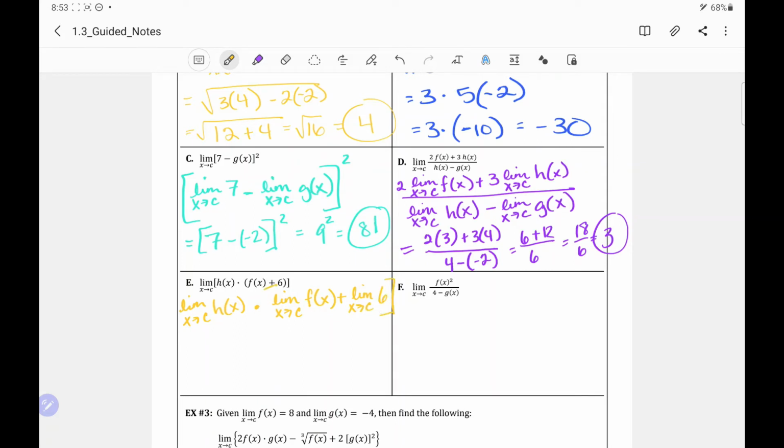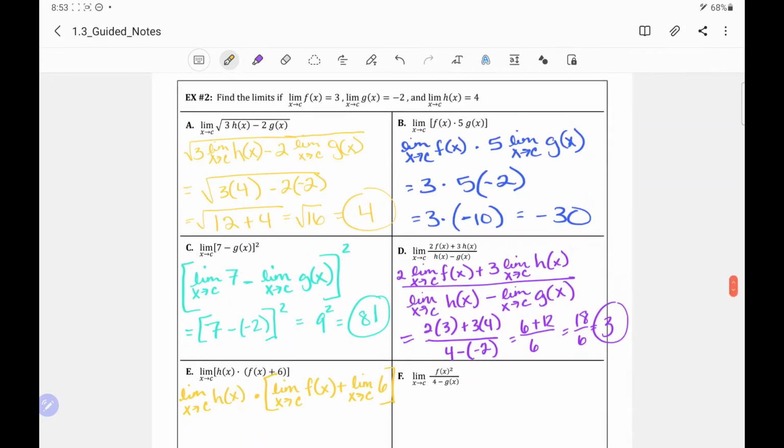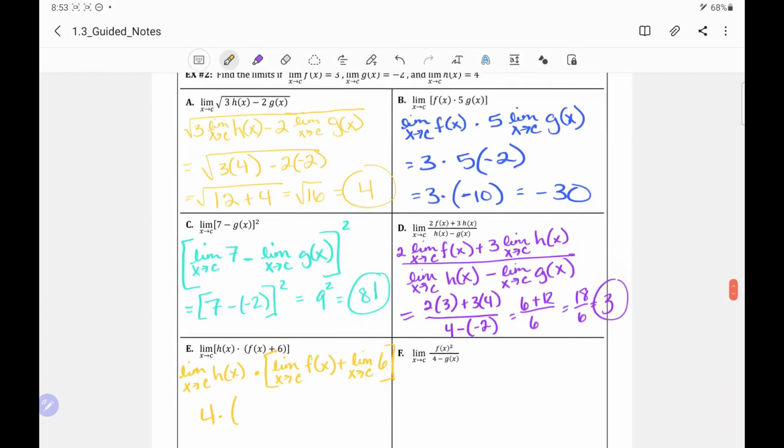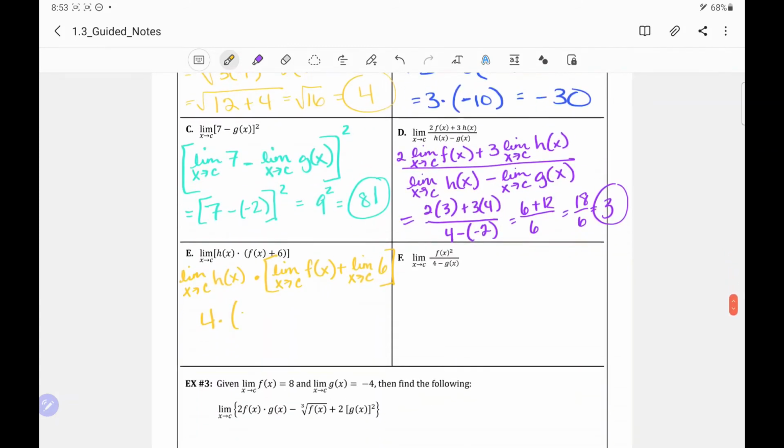And this is like a parenthesis. So for h of x, we said up at the top it's 4, times f of x is 3 plus, remember this is a constant, the limit as x goes to c of 6 is just 6. So I have 3 plus 6 is 9. 4 times 9 is 36.